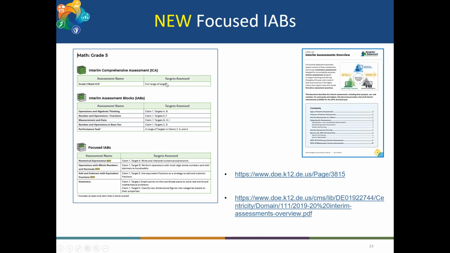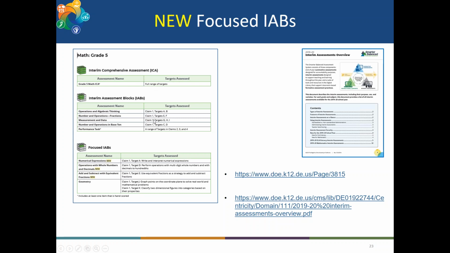You can see there's an ICA and IABs. The ICA is more comprehensive and covers a full range of targets, similar in design to the summative. So if you want multiple domains, you would use an ICA.